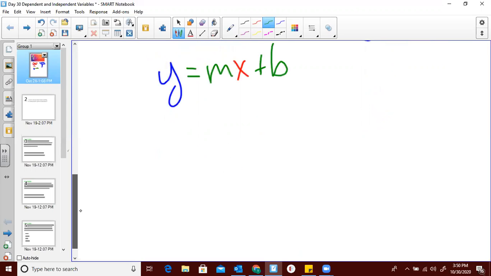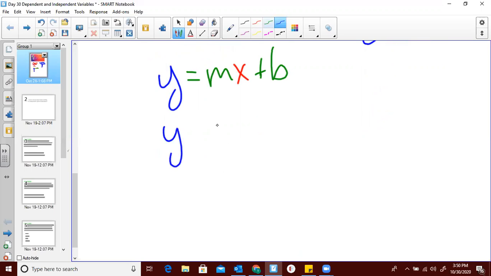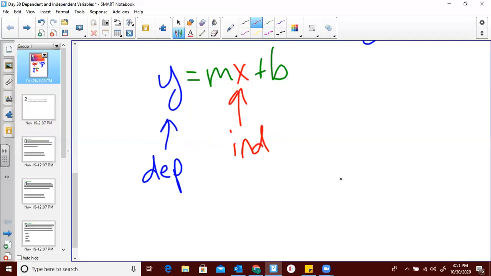So this is the same thing as y equals b plus mx. You'll see examples like this. And lastly, remember y is your dependent variable and x is your independent variable.